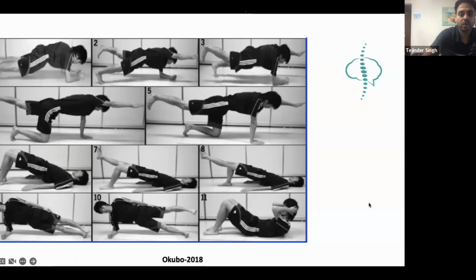I'll probably do the bridge as well. Bridging. And then I would use quadruped, that's what the literature says. Quadruped ipsilateral leg. If your patient can definitely not do spine extensions, quadruped ipsilateral leg and contralateral arm. So these are the exercises of choice.